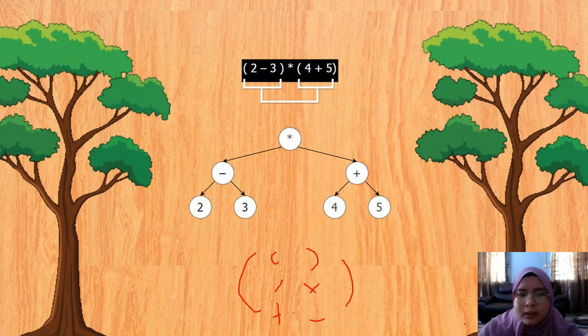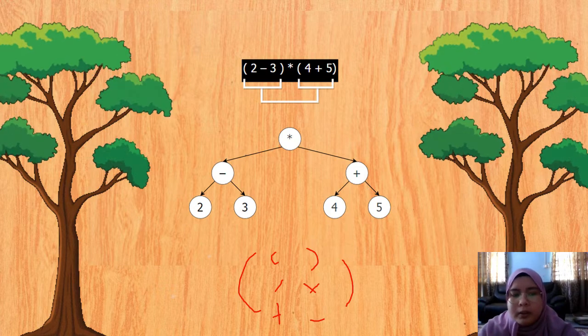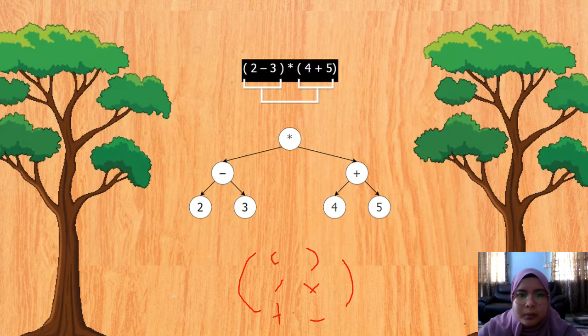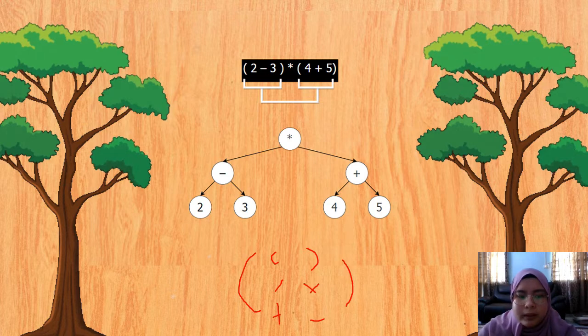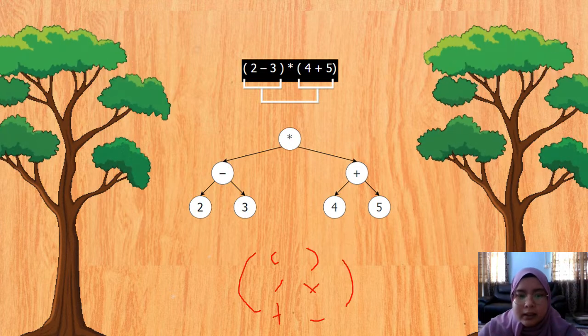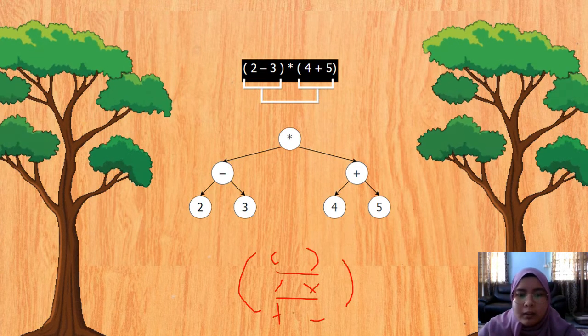I give a very simple question to make it easy to understand, which is open bracket 2 minus 3 close bracket multiply open bracket 4 plus 5 close bracket. As I explained just now about the order of operation in maths, the highest, middle, and the lowest.